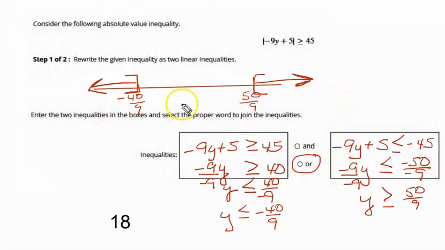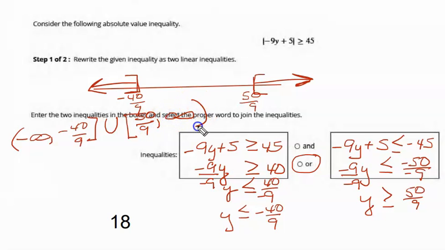And writing the answers in interval notation would be from negative infinity up to a negative 40/9 bracket, and then union, we had one like this before, bracket 50/9 comma to positive infinity. Okay, again, lots of stuff, and you'll be challenged as you do your practice and certify.